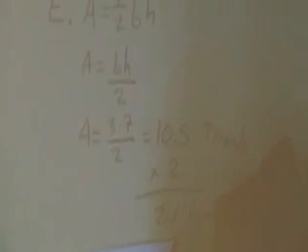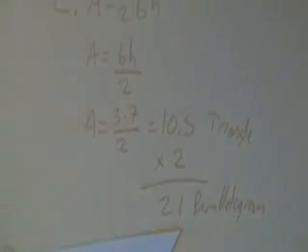But if I double the area of the triangles, I get the area of the parallelogram. So, the area of the triangle is 1/2 of the base times the height. The area of the parallelogram is base times the height because a parallelogram is really 2 identical triangles.